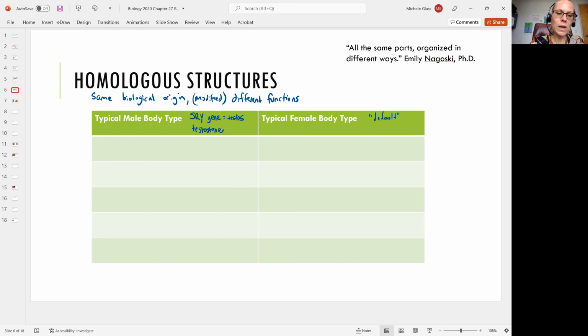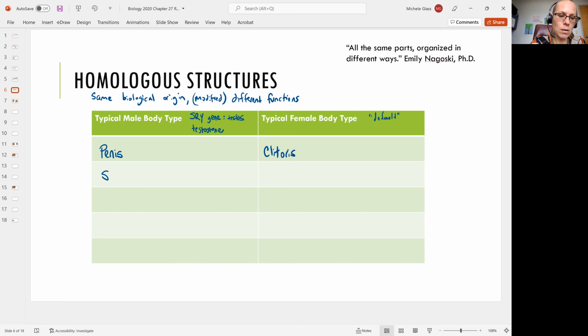And so we will see that we have these same structures in both, but they'll have different names and they'll have different functions. So we have erectile tissue in both the female and the male body type. And so in the male body type, that's going to be found in the penis, and in the female, that's the structure called the clitoris.